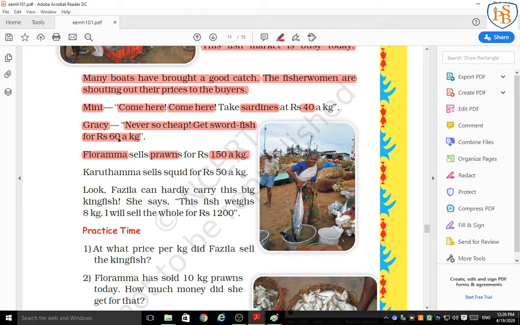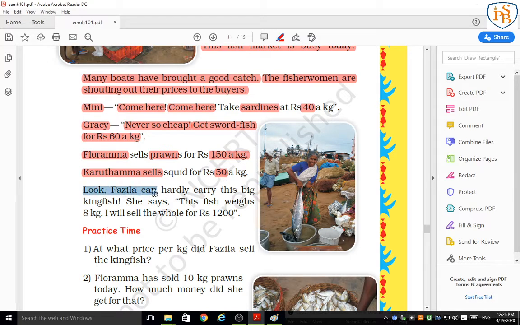Then Gracie 60 rupees per kg. Then Florama sells prawns of rupees 150 per kg. Then next, Kaurathama sells squid of rupees 50 per kg.